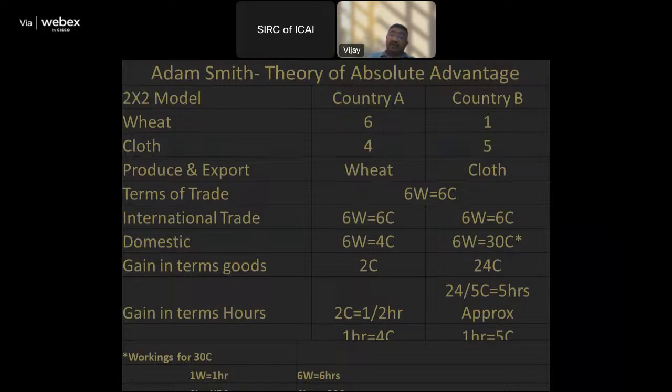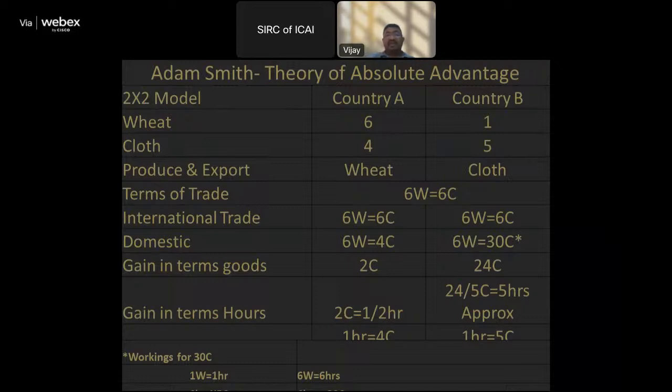Suppose I would not enter into international trade. Then per hour I am able to produce 6 wheat bushels, or per hour I am able to produce 4 cloth yards in country A. But since I enter into international trade, for 6 wheat I am able to get 6 cloth yards.